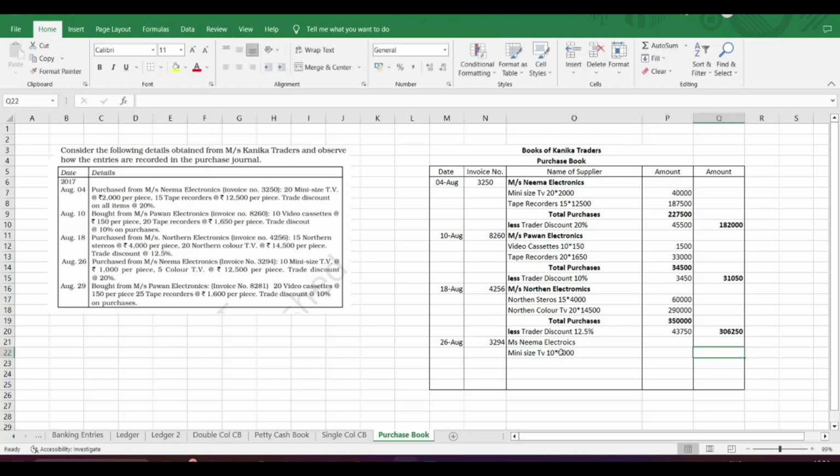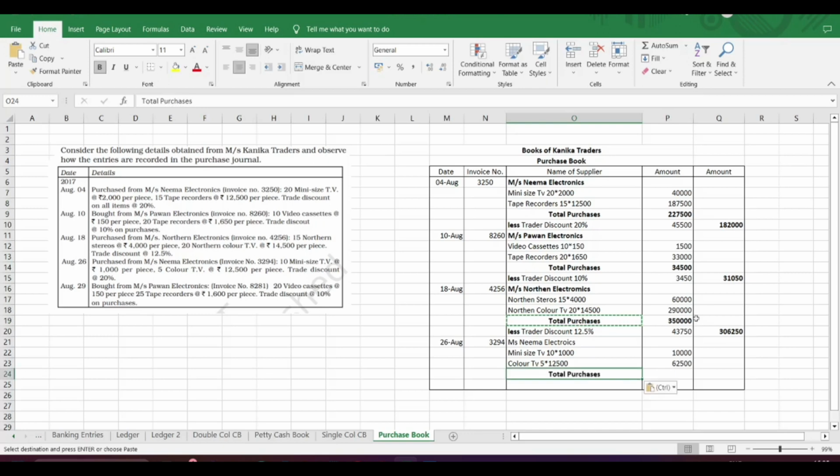So our total here will be 10,000 rupees, and we are purchasing 5 color TV for 12,500 each piece. So 5 into 12,500, 62,500 is our total purchases of color TV.